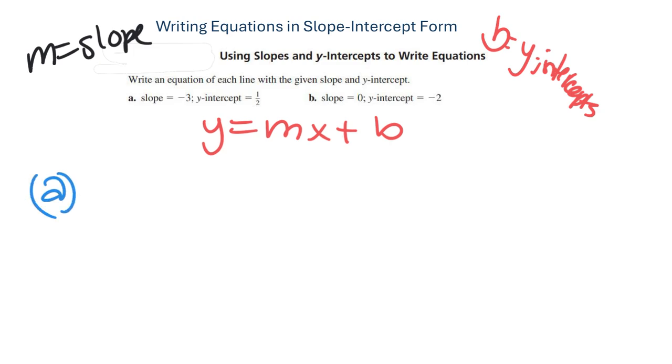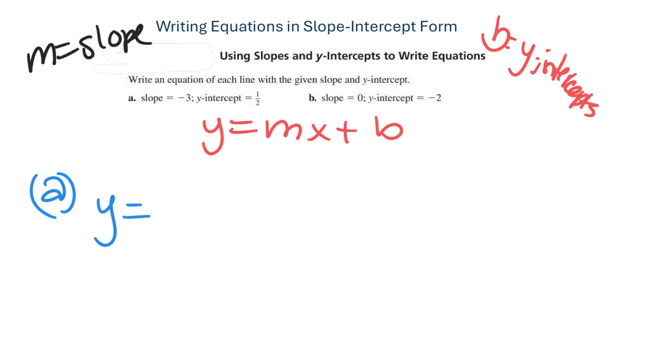A is going to be what? We already know the slope is -3 and our y-intercept is one half. Are we given y from our equation? Remember, we're looking at the equation. In A, we're just going to write y. Are we given m? Yes.